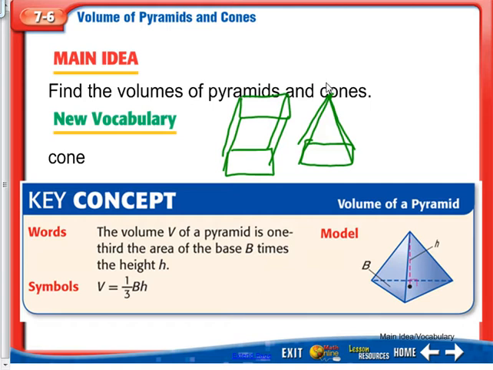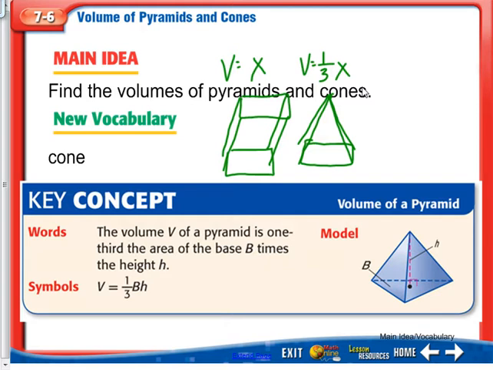So let's say that the volume is x for the prism, then the volume would be 1/3 times x for the pyramid.